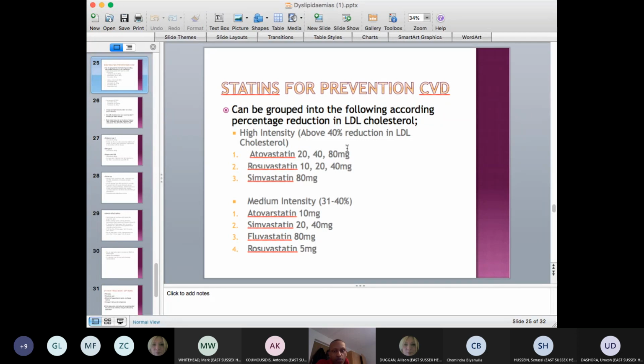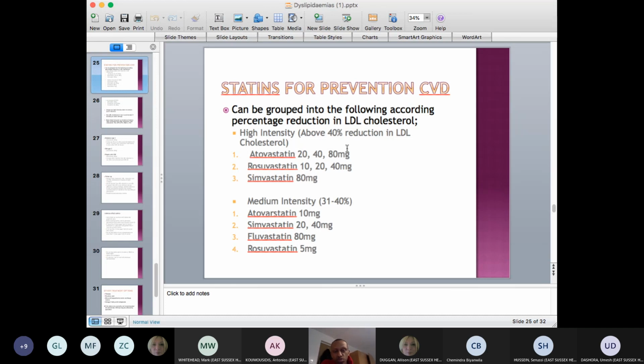Those considered high intensity are atorvastatin from 20 milligrams to 80 milligrams, and rosuvastatin 10 milligrams to 40 milligrams. Simvastatin is only considered high intensity when it's at 80 milligrams.